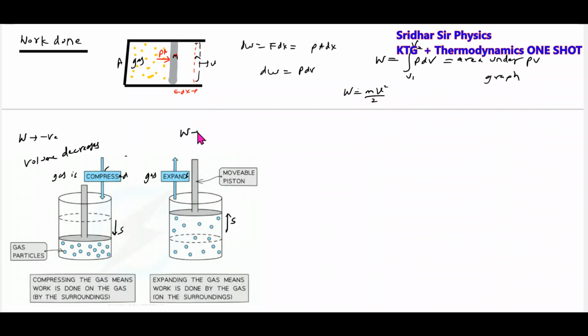Here work done will be positive, and the volume increases. So what is the basic method? If the volume of gas increases, work done by gas is positive. If the volume of gas decreases, work done by gas is negative. No need of anything, just remember this. Then we'll go for some graphical thing.